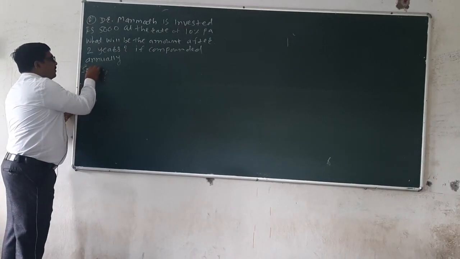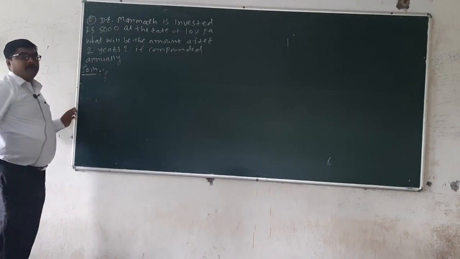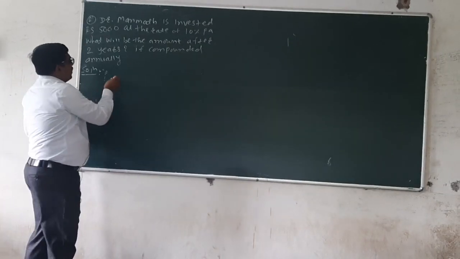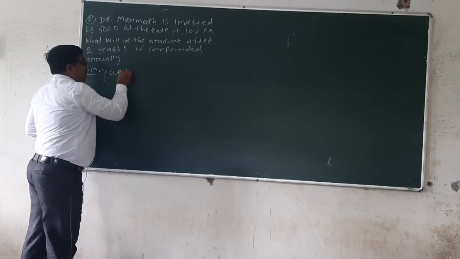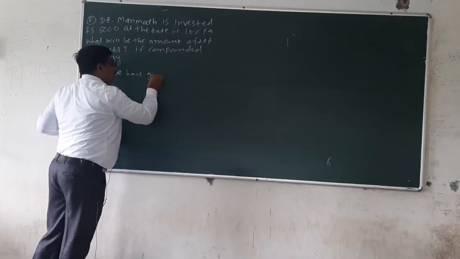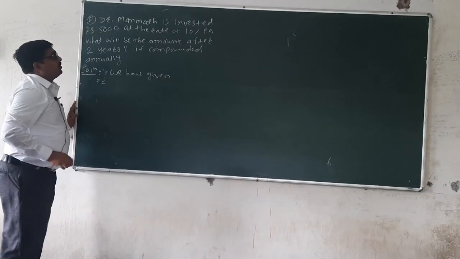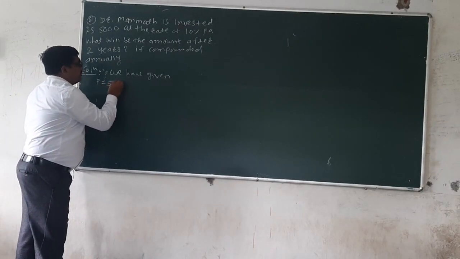Now, solution. What have we been given? We have been given principal, that is P equal to 5,000.